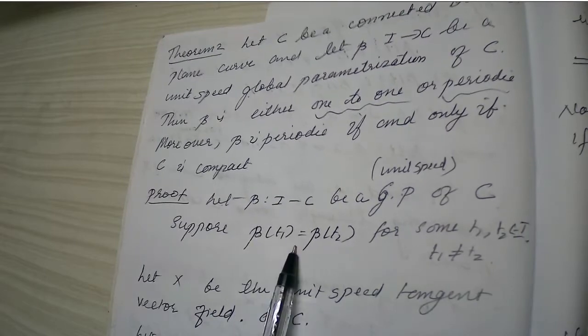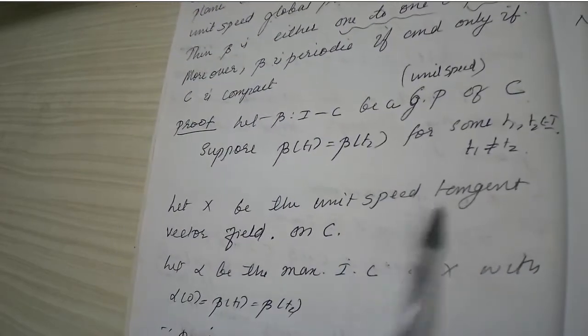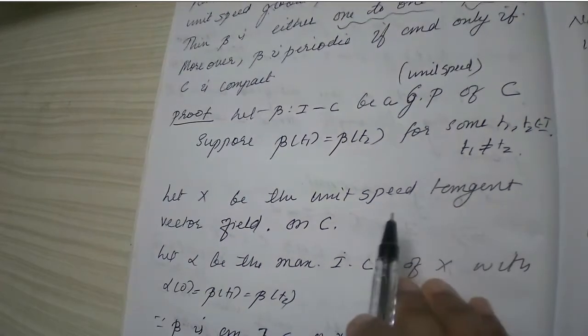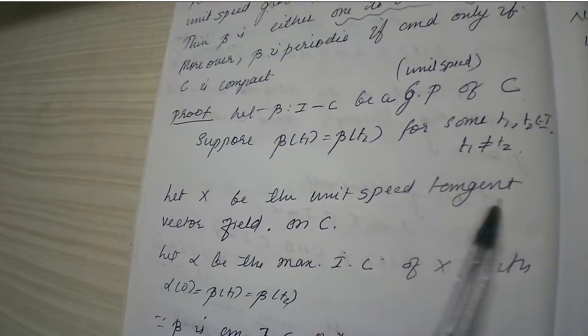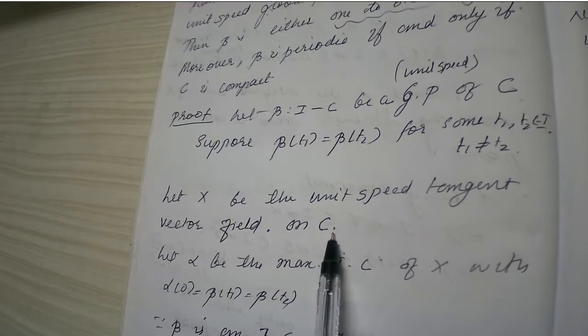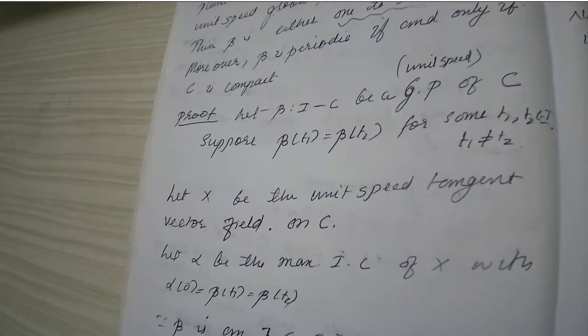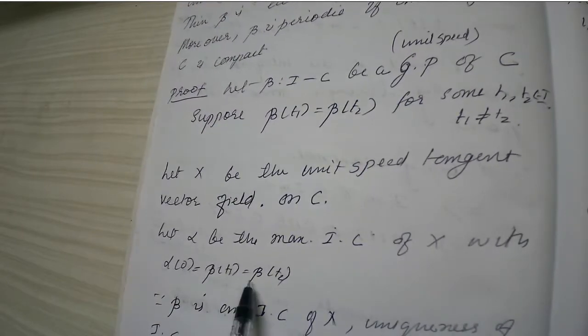That means β(t₁) equal to β(t₂) for t₁ not equal to t₂, some t₁, t₂ in I. Now let X be the unit speed tangent vector field on C, corresponding to which β is the integral curve, and let α be the maximal integral curve of X with α(t₀) equal to β(t₁) equal to β(t₂).